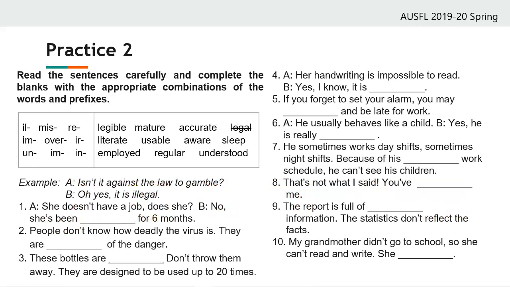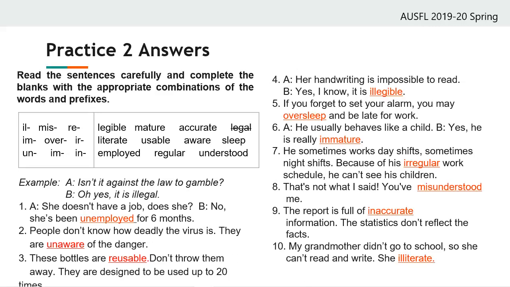Here is the second exercise. Pause the video again and do the exercise. Look at the answer key and check your answers.